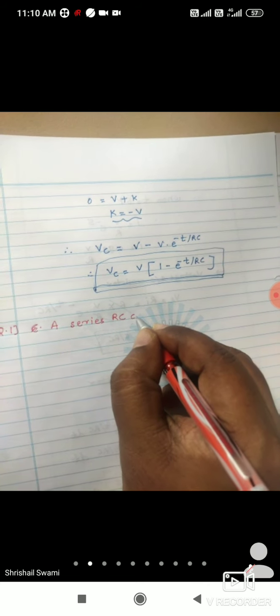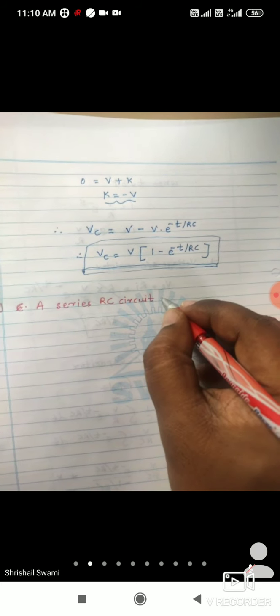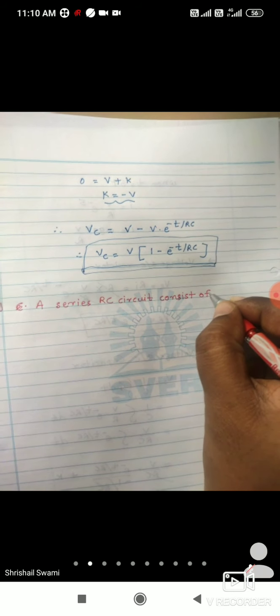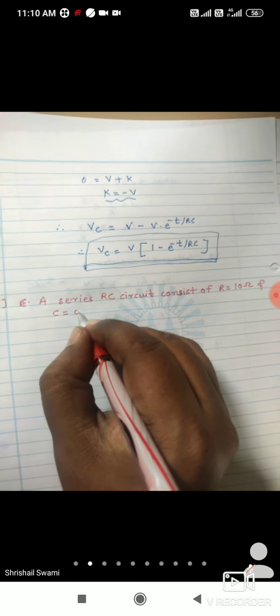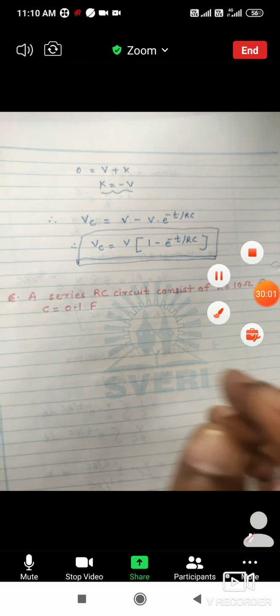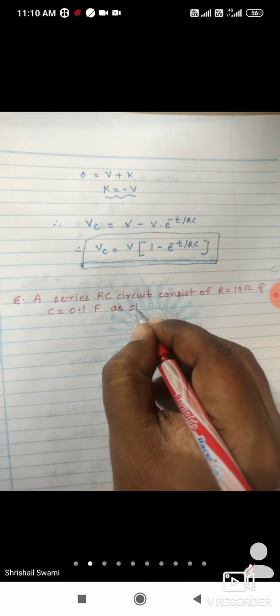A series RC circuit consisting of R is equal to 10 ohm and capacitor C is equal to 0.1 farad, as shown in figure.